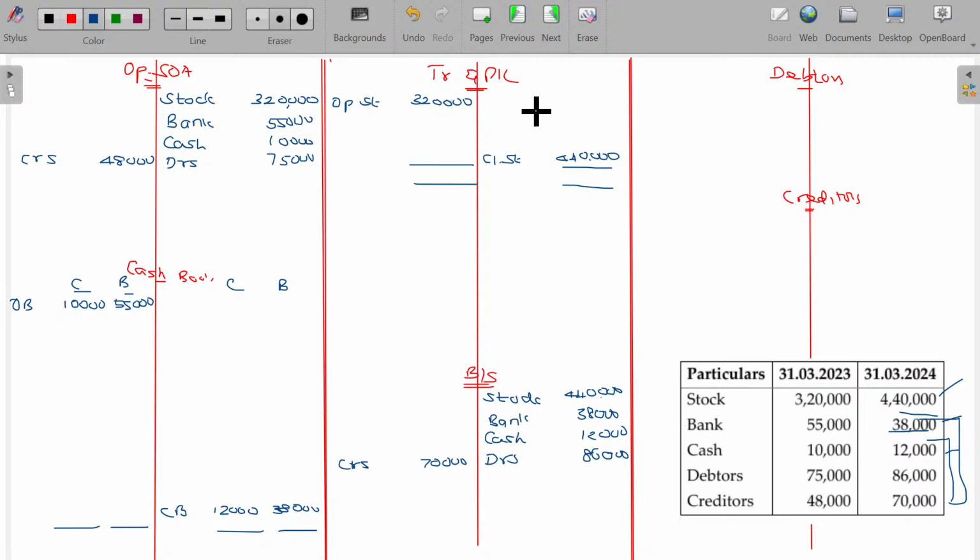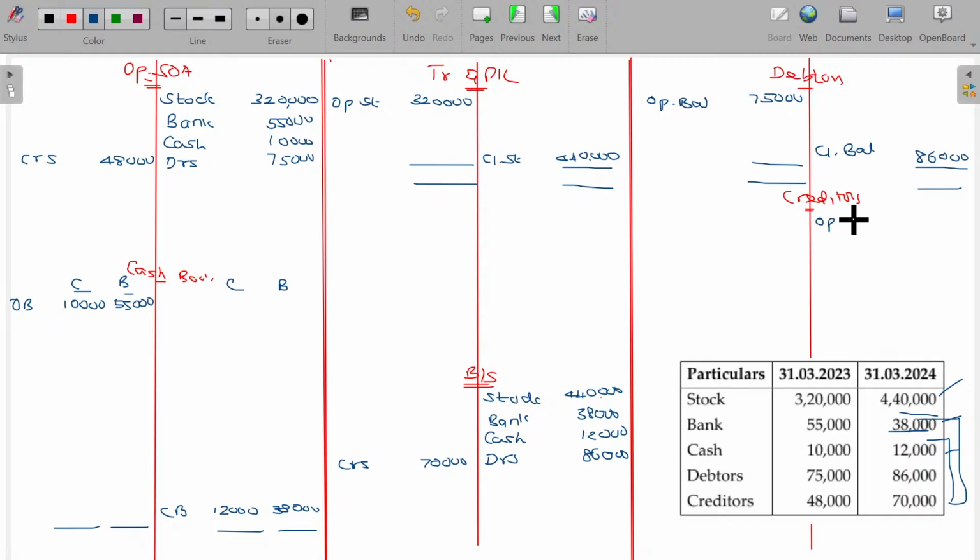Similarly, debtors. Opening balance should be in the debit side of the debtors, the value being 75,000 and closing value of the debtors being 86,000.